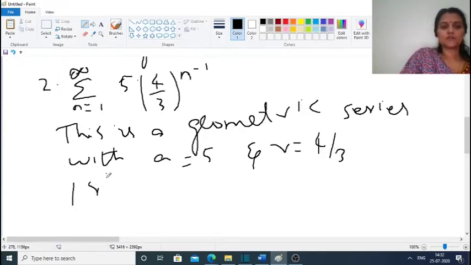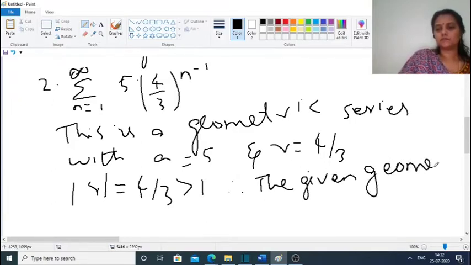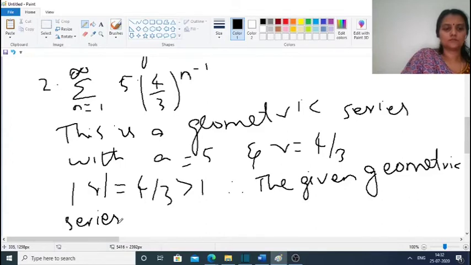Modulus of R is equal to 4 by 3, which is greater than 1. Therefore, the given geometric series is divergent.